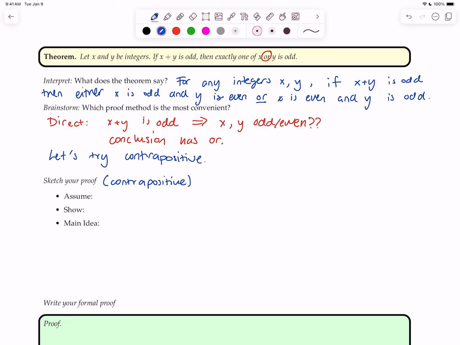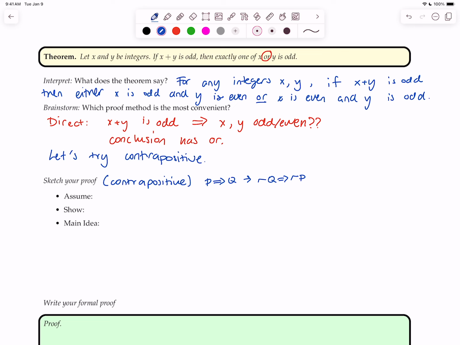So if we want to do contrapositive, well, what are we allowed to assume? Remember our statement P then Q becomes not Q then not P. So what are we allowed to assume? Not the conclusion. The conclusion originally is exactly one of x or y is odd. That is, they have sort of opposite parity.